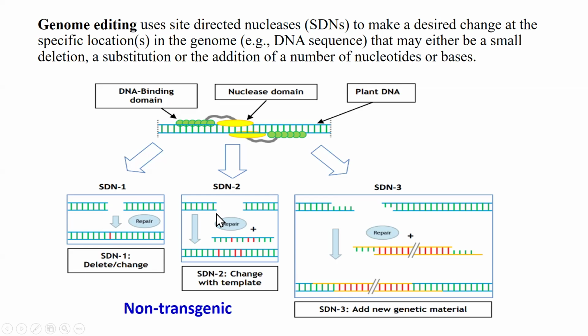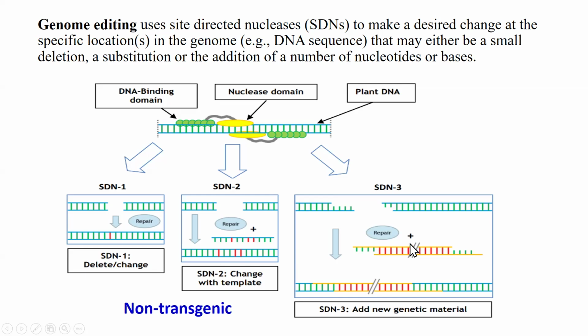But in case of SDN2, here we can correct a wrong DNA sequence, maybe mutated somehow. So you can keep a template of the corrected sequence, and then it will fill up, and the error can be repaired or edited. And in this case, no new gene is added. Rather, the error in the DNA sequence or any gene can be corrected.